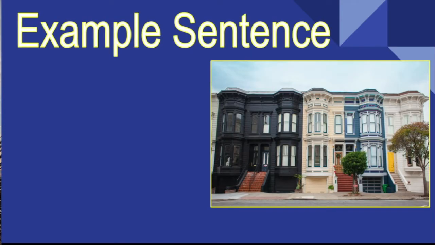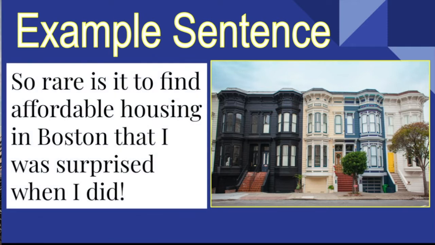Let's look at an example sentence. So rare is it to find affordable housing in Boston that I was surprised when I did. So notice that we're using so rare at the beginning of the sentence to emphasize how surprising it is that the affordable housing was found in Boston.